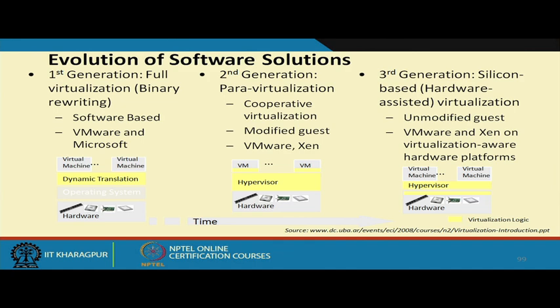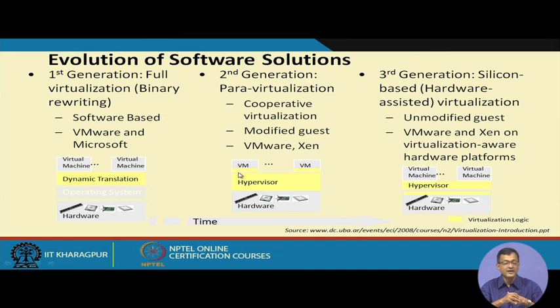In the case of second generation virtualization, or para-virtualization, which is cooperative virtualization, the guest OS is modified, and VMware and Xen do it. It penetrates a little bit into the VM, that means the guest is modified.